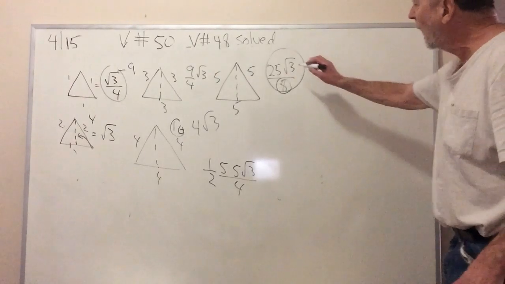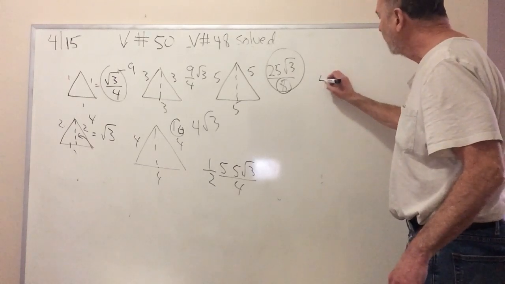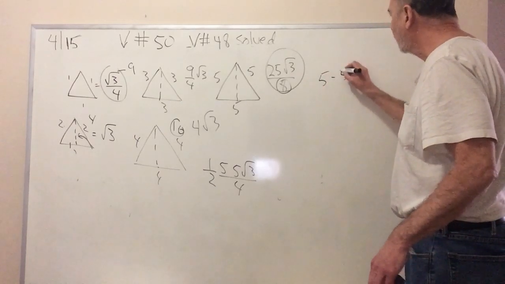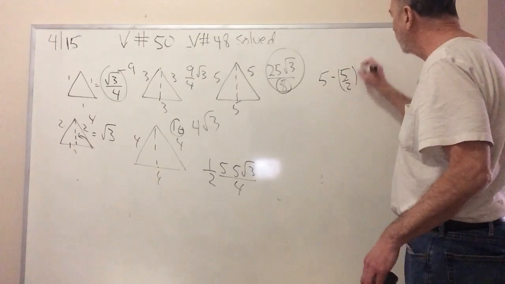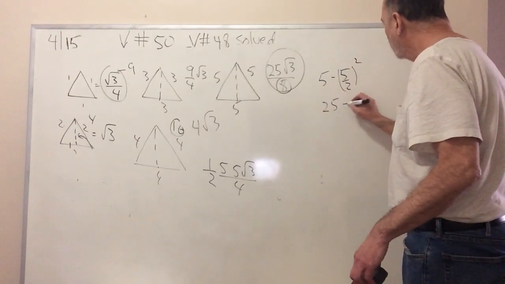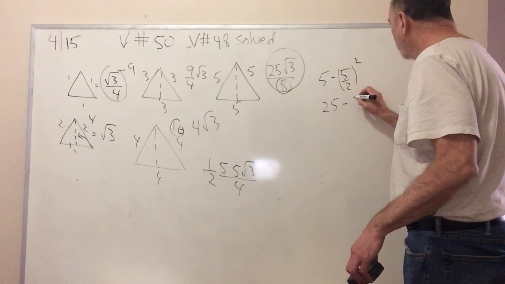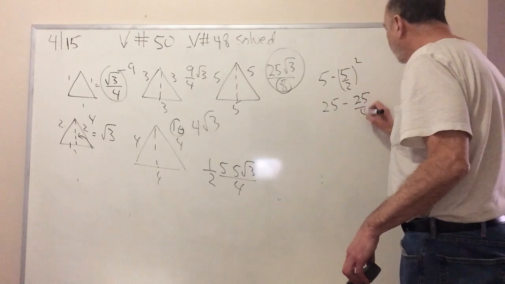Okay. So we're going to take a look at this one more time, and we get 5 squared, which is 25, minus 5 over 2 squared, which is 25 over 4.